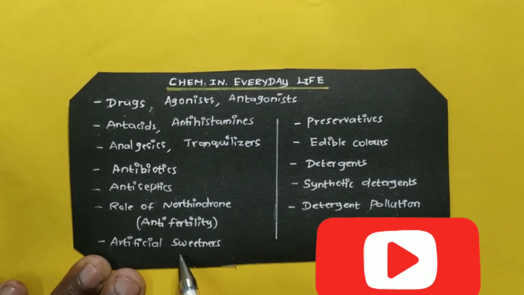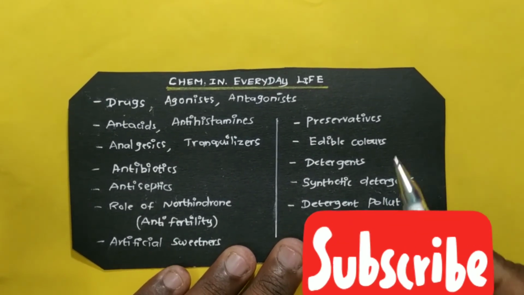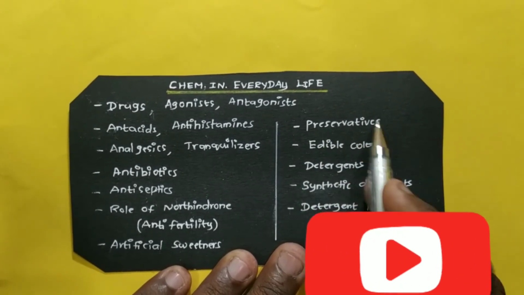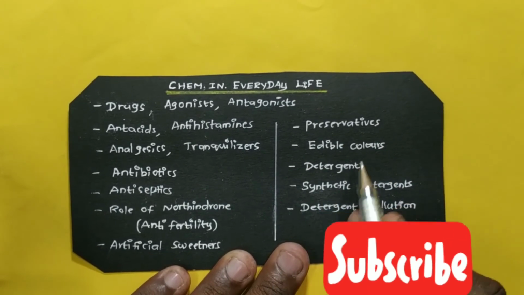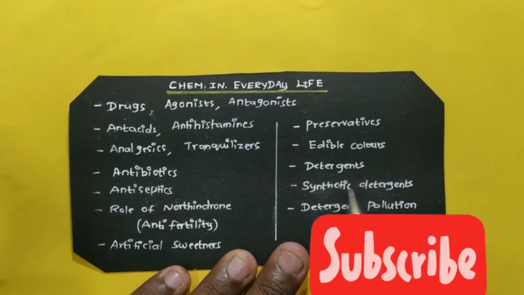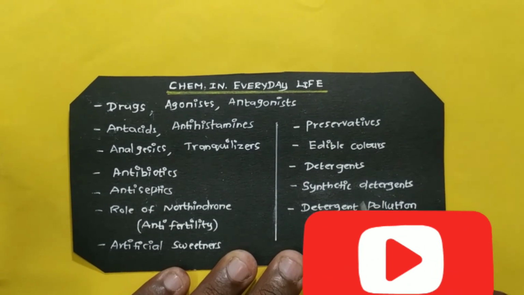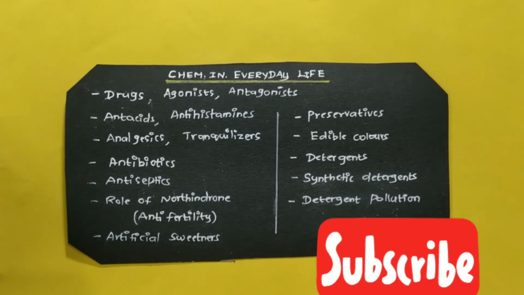And then artificial sweeteners, you'll be asked questions from these areas. Preservatives, what are the positives and negatives of preservatives, the advantages and disadvantages of edible colors, then detergents, what is a synthetic detergent and how it pollutes our environment. These are the questions they'll ask from these areas.